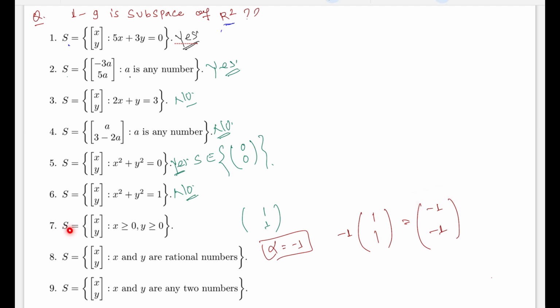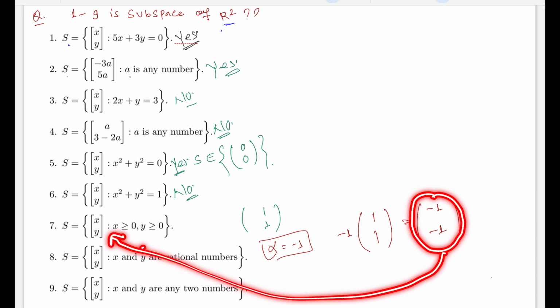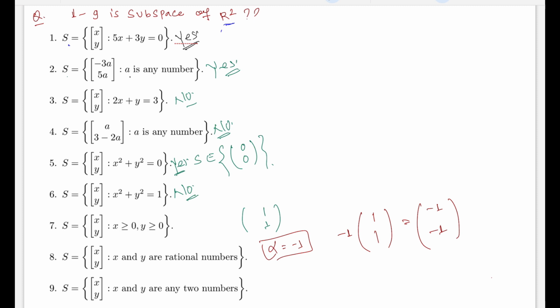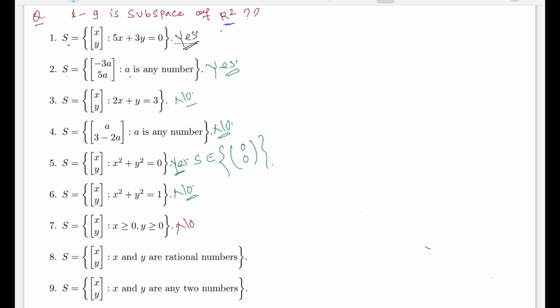If this set is a subspace, then this should also be in this set, right? But if you see the condition, this should be greater than or equal to 0, and this should also be greater than or equal to 0. So you see this is not closed under scalar multiplication, so this will not be a subspace of R square.